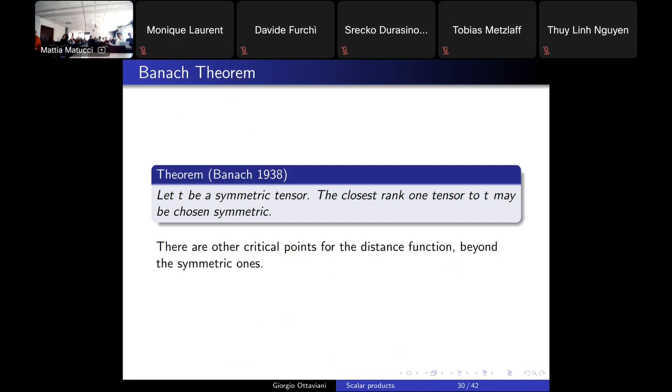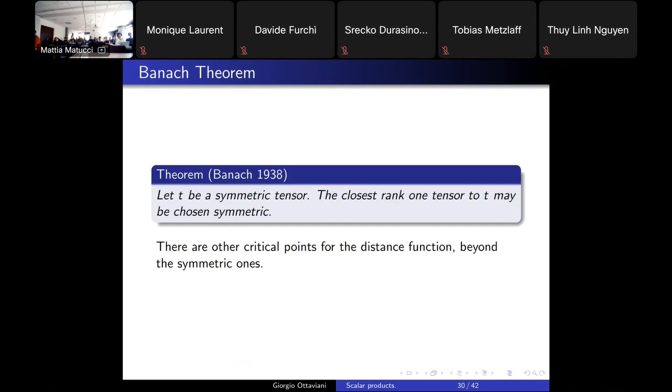Maybe chosen means that there could be others at the same distance. This may happen, but anyway, you don't lose anything by proving this, choosing the minimum only among the symmetric ones.